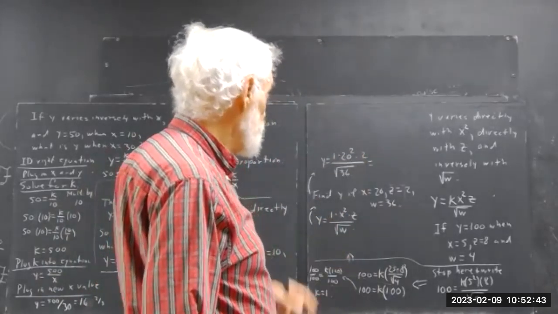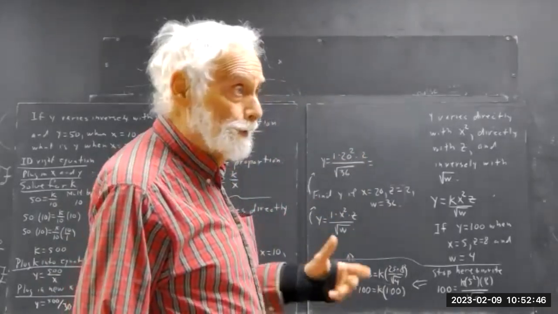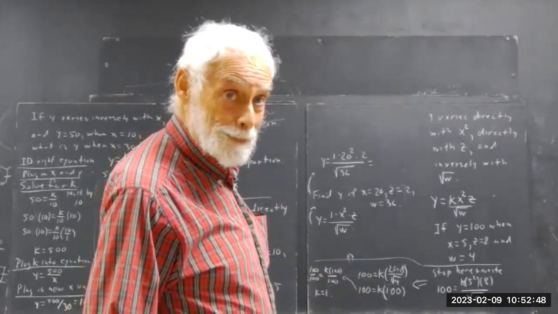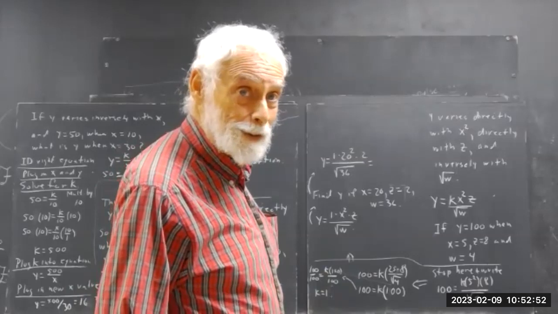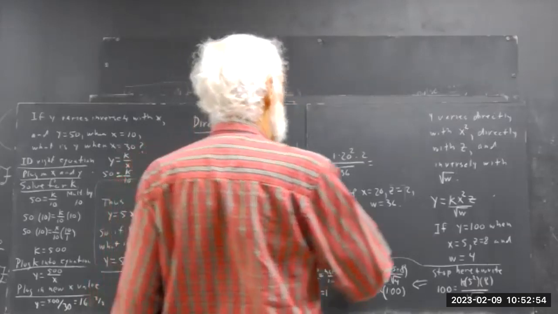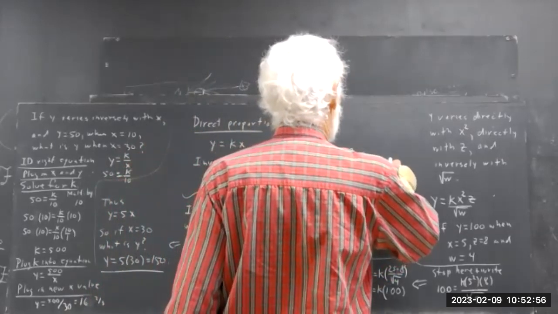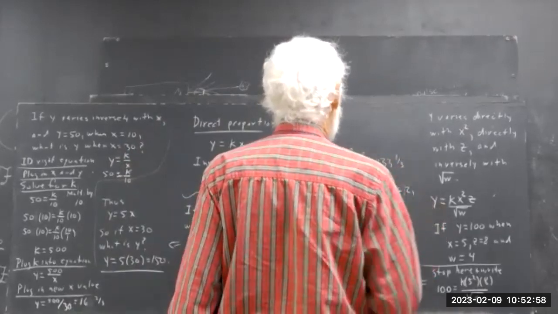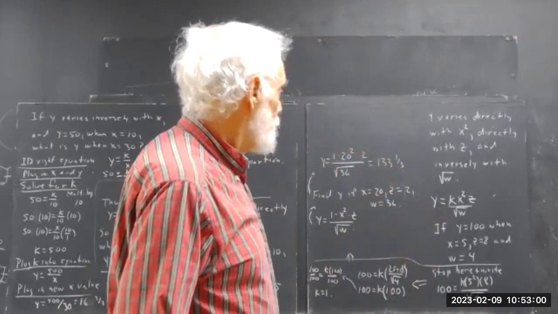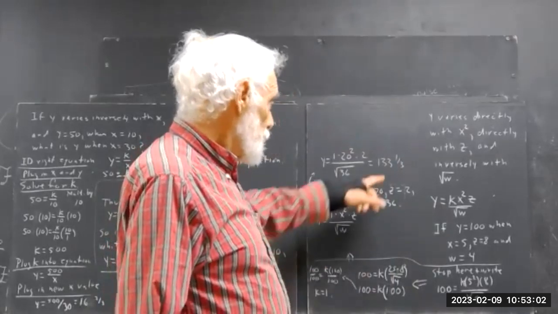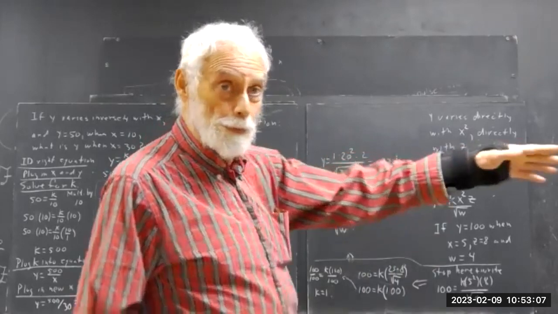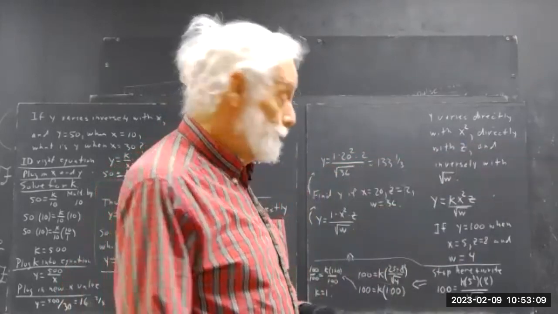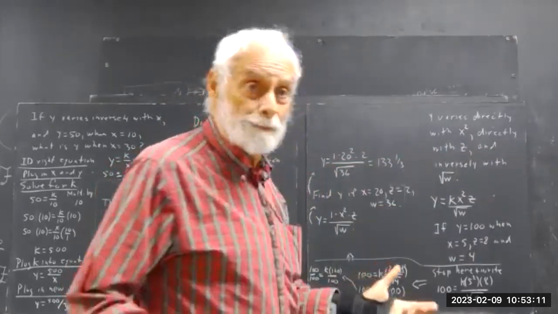Times 2 gives us 800. Square root of 36 is 6. It's 800 over 6, which is 133. I did that quick in my head. Punch it in your calculator. You get 133.3333.